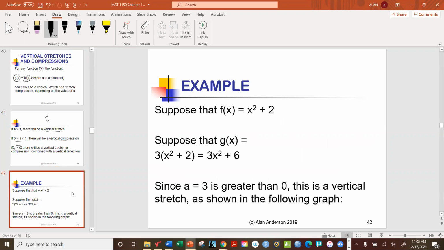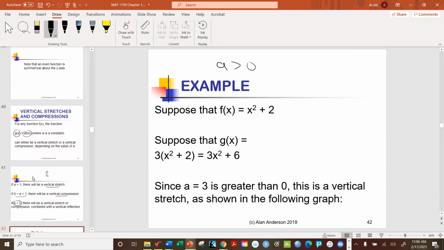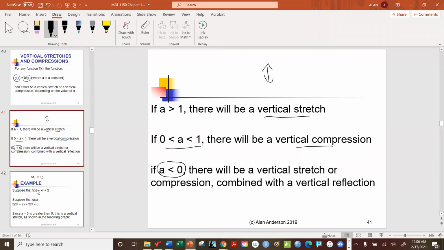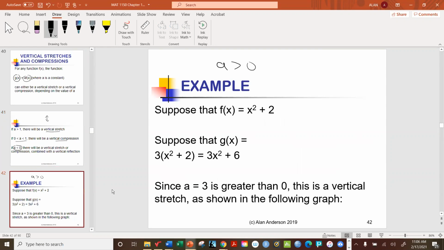If we start with f of x is x squared plus 2, we simply multiply that by 3. Let's see what happens. So a is greater than 0. Oh, this is a typo. It should have said 1 right here. This is a vertical stretch.